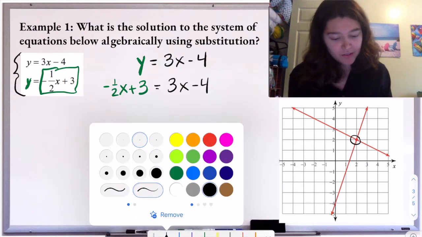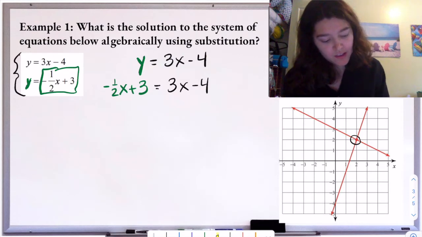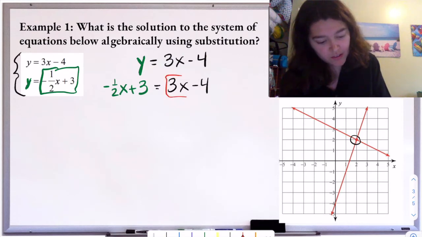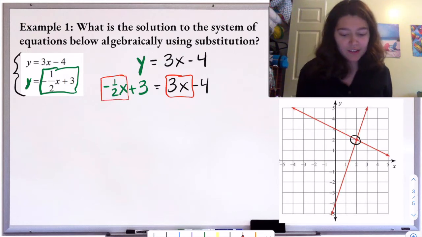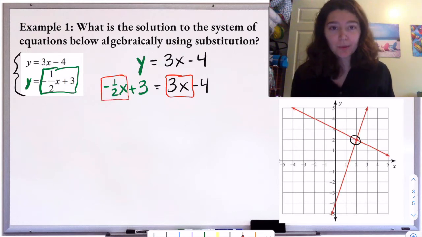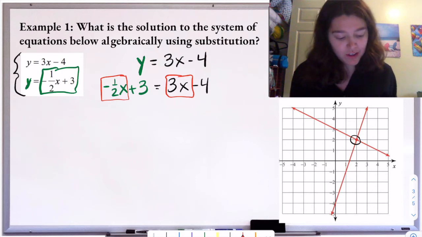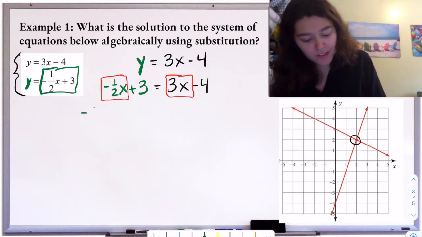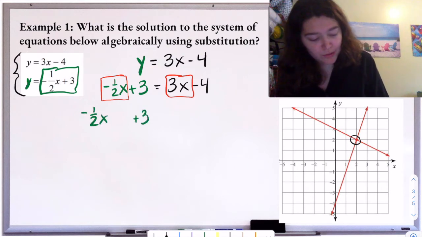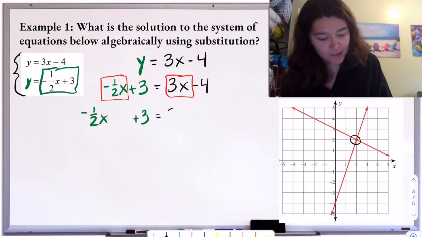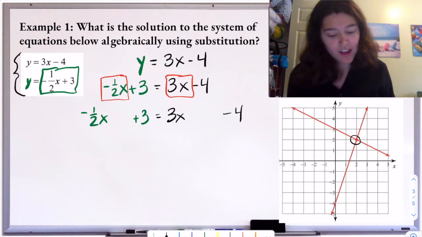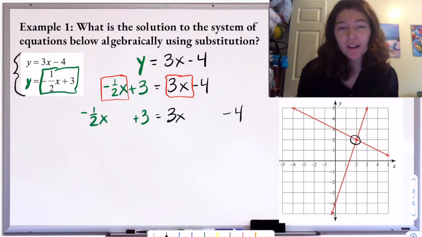Here I have 3x on the right-hand side of the equation and -1/2 x on the left-hand side. I want to only have variables on one side of the equation. So let's look at this -1/2 x, and I'm going to try to get rid of it. If I have a negative 1/2 x, or a minus 1/2 x is another way of thinking about it, how can I get rid of that negative 1/2 x?